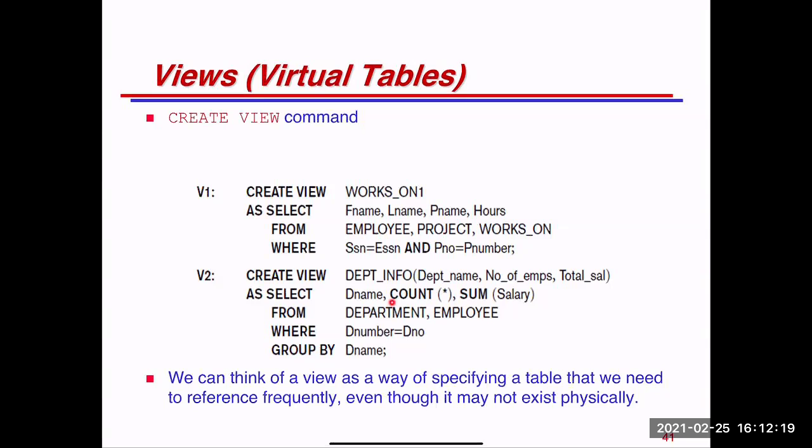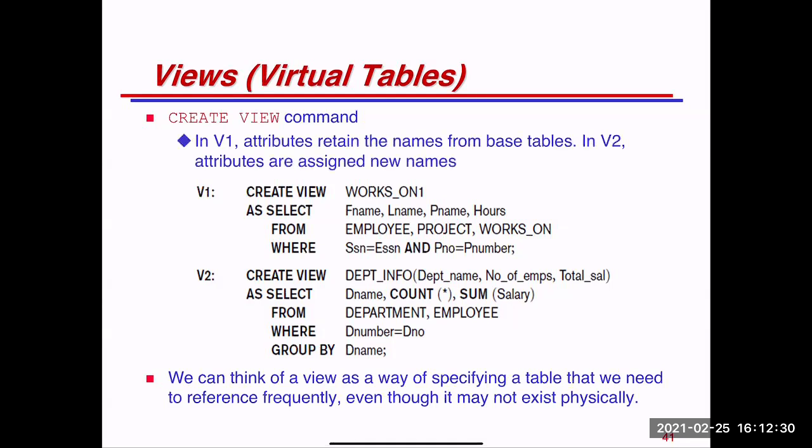Sometimes these base relations that we're using here, the department and the employee, are called the defining relations of a view. And you can see that here in V1, in this command, we use the same attributes from the base tables, so we're using the same attribute names.